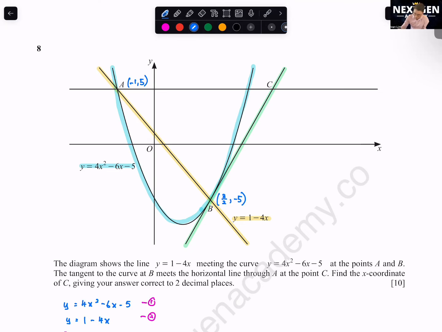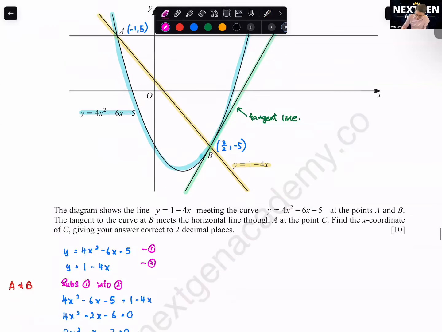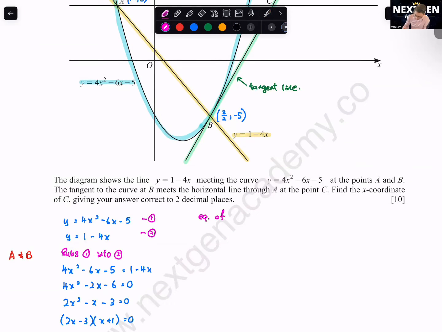After I found this, now what we need to do is find the equation of this tangent. This is your tangent line. What do I need for the equation of the tangent line? I need to find my gradient, and I have a point here. I'm going to find my gradient first.